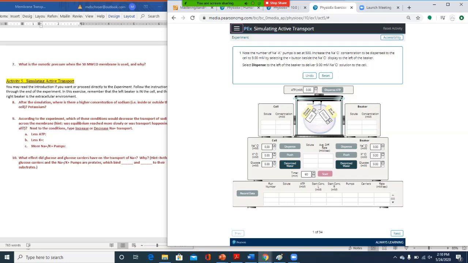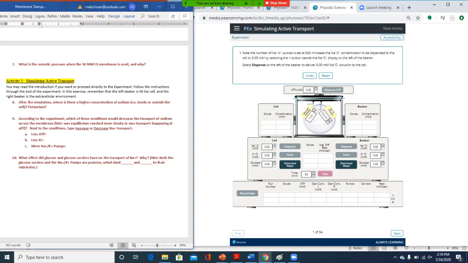You will be recording data and going through all of the instructions up here at the top. You will not have to cite individual numbers that you collect here, but again, it will really help you to have this data in front of you when you start to answer these questions here.